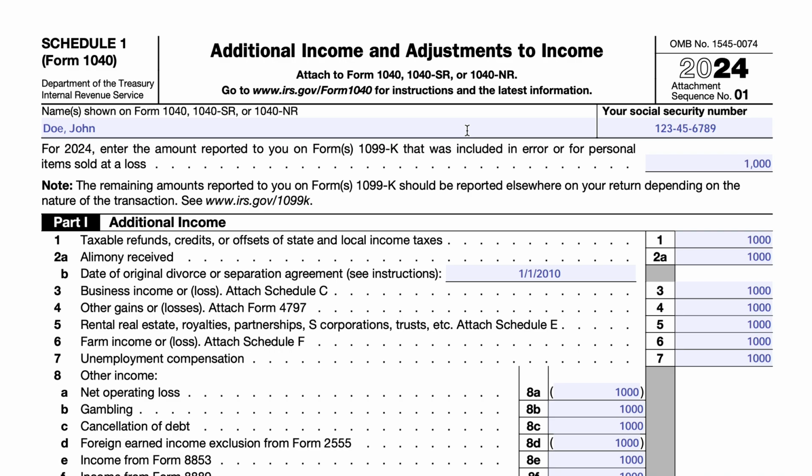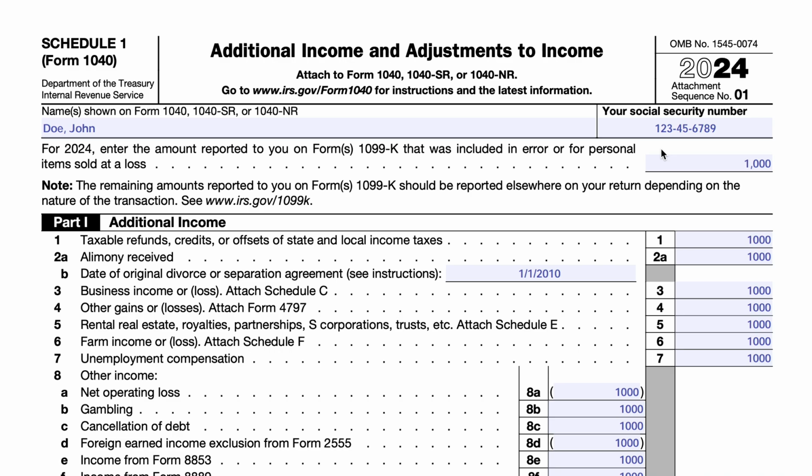But at the same time, if it's reported to the IRS that you earned, let's say $1,000 here, then the IRS is going to expect you to explain that. And if you can't explain that elsewhere, then you're going to end up having to pay taxes on it.